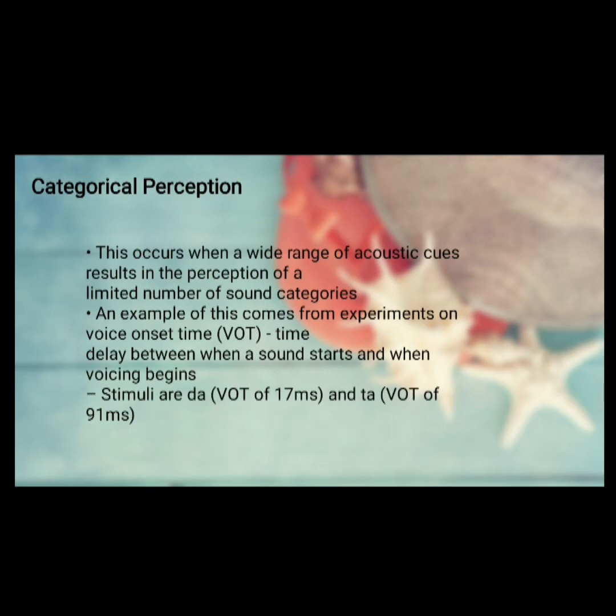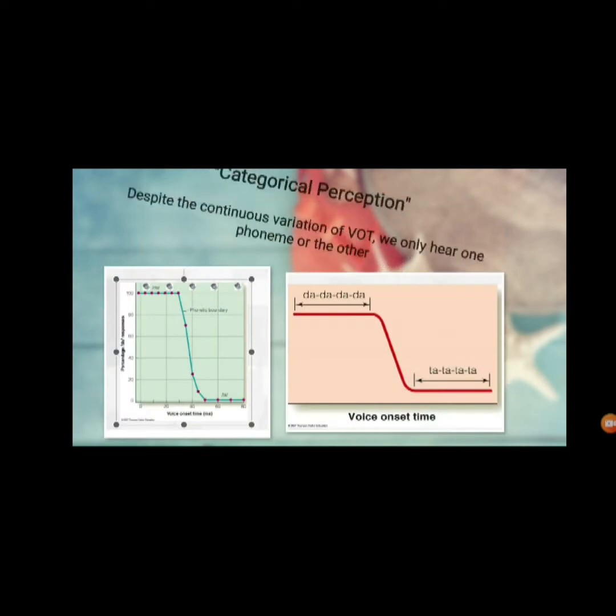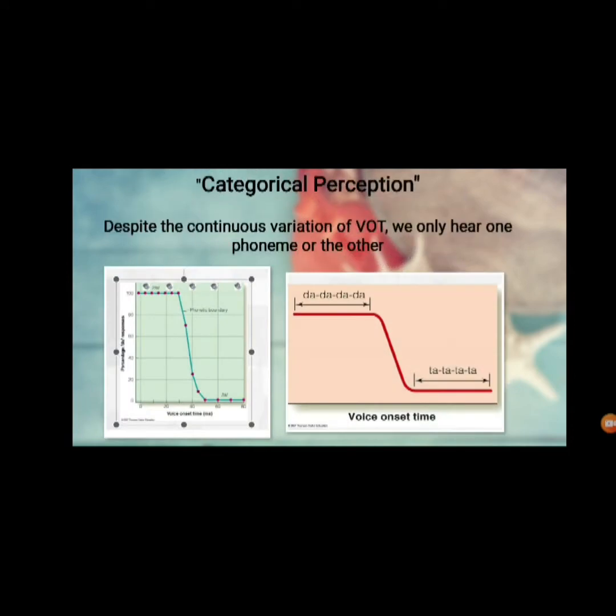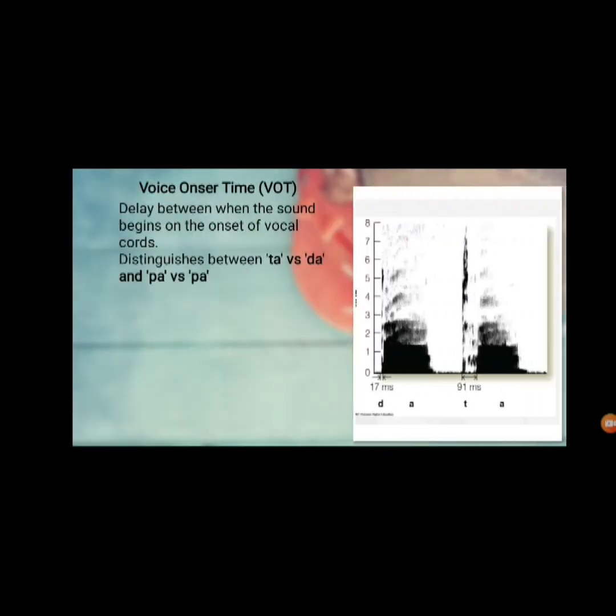Okay, next. Despite the continuous variation of VOT, we only hear one phoneme or the other. This is an example of voice onset time, DA and TA. Okay, next.